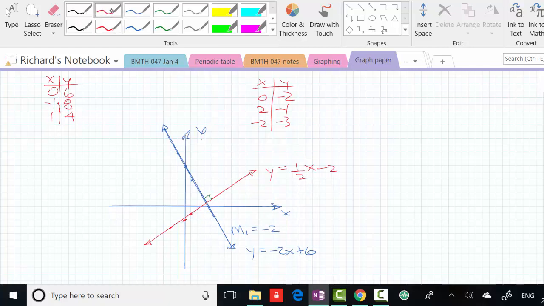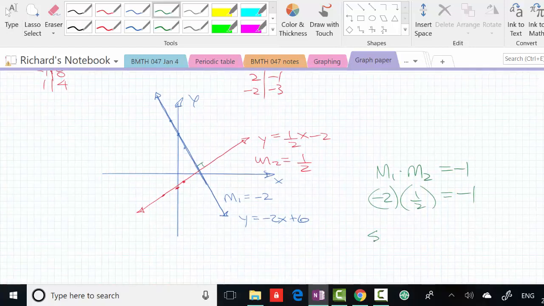The graph of equation 2 has a slope m2 of plus 1/2. Just to recap, m1 times m2 must be equal to minus 1. So if m1 is minus 2 and m2 is 1/2, minus 2 times 1/2 is minus 1. So m1 and m2 are perpendicular.